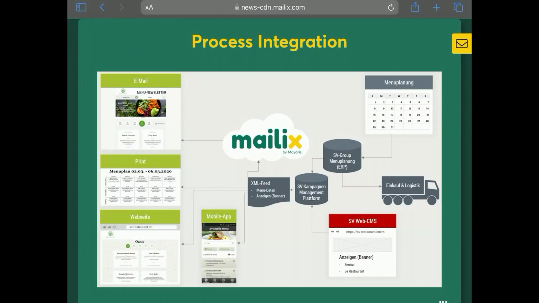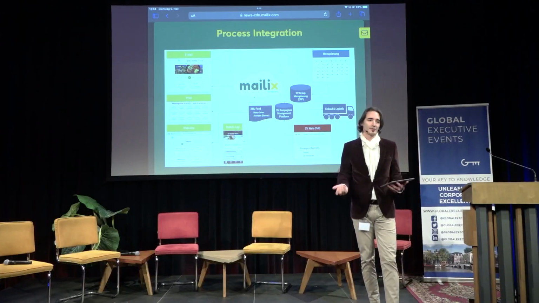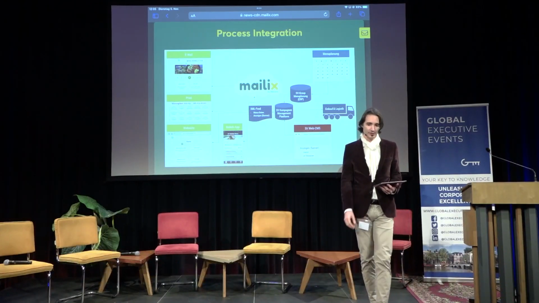The same data that is used for controlling the logistics, the supply chain, to supply the restaurants with the ingredients they need is used to feed the website with the menu plans, to feed the app with the menu plans, and we feed that on a daily basis into an interactive email. Every day you can open the email and see today's menu, which is built from the data that was entered by the people managing the restaurant.